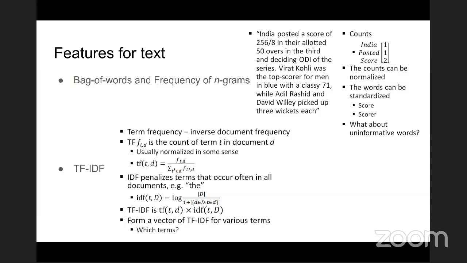So let's say your goal is to classify whether a paragraph is a positive sentiment or a negative sentiment, or whether it pertains to India's victory or India's loss or draw, right? So you want to classify automatically each text paragraph into that. So you would take all these informative words and form a giant vocabulary. So let's say 10,000 informative words, all possible words.